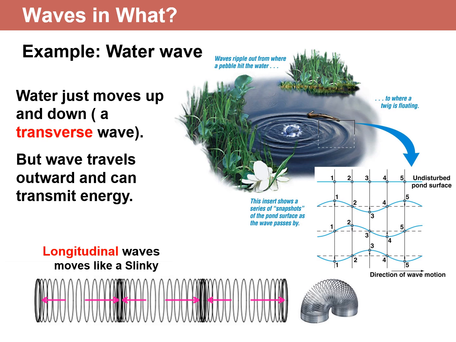So I want you to understand the difference between a transverse wave, which just moves up and down, but energy is traveling perpendicular or transverse to it, and a longitudinal wave, where energy moves in the same direction that the disturbance is moving. That's like a slinky kind of wave. So those are the two types of waves, transverse and longitudinal.